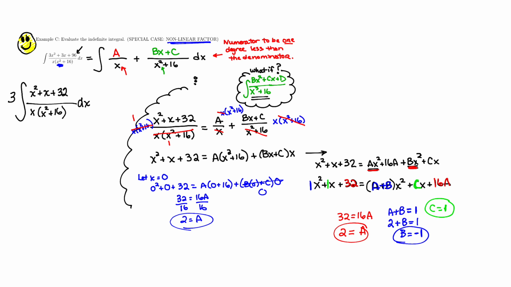So the problem here, Grant, was that x squared plus 16 doesn't ever go to 0, right? You can't put anything in there and square it and add it to 16 to get zero. Negative 4 squared is positive 16. Are you with me? Yes.